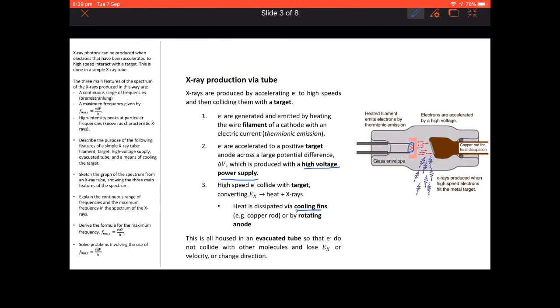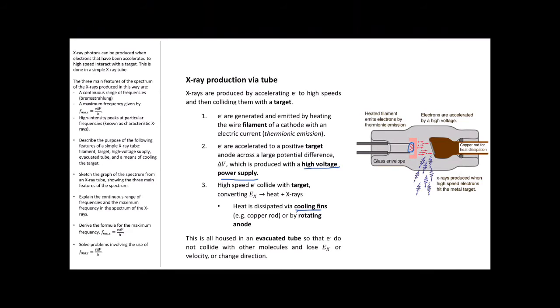Otherwise, electrons would lose their full kinetic energy. And as a further result, X-rays may not be produced because those electrons do need to have a really high speed when they're hitting the target anode.